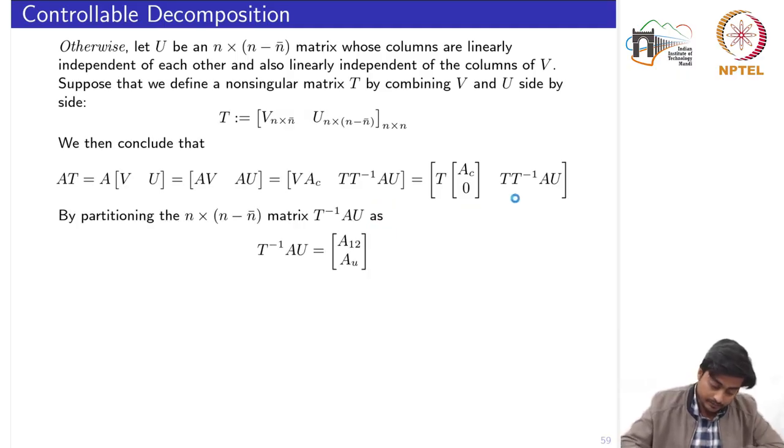So moving forward, this part T inverse AU, I can partition this matrix as A12 and AU, arranged in a column.